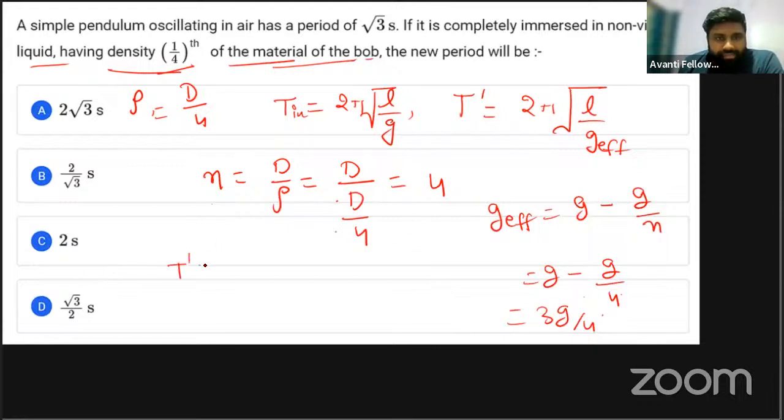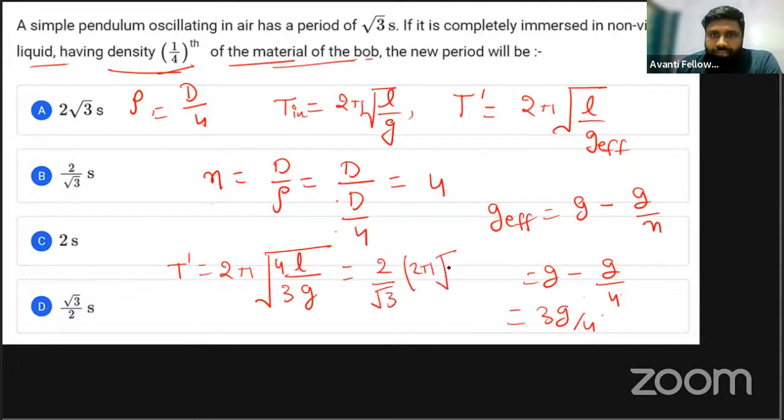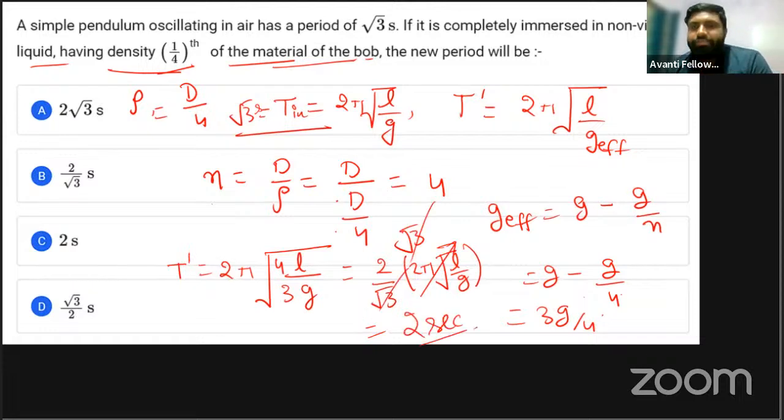Now this time period T dash is 2 pi root L upon 3g by 4, which becomes 4 by 3g. You can take this as common, so this will become 2 upon root 3 into 2 pi root L by g, and the initial time period is given as root 3 seconds. So when you put root 3, you can cancel it out. The time period effectively is 2 seconds. So the correct option here is 2 seconds.